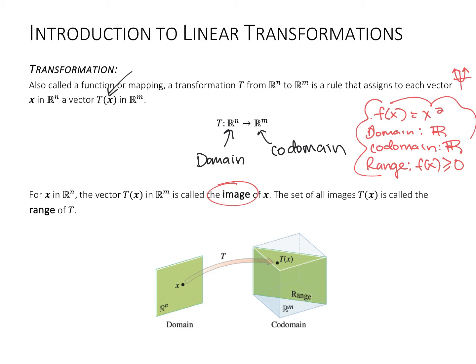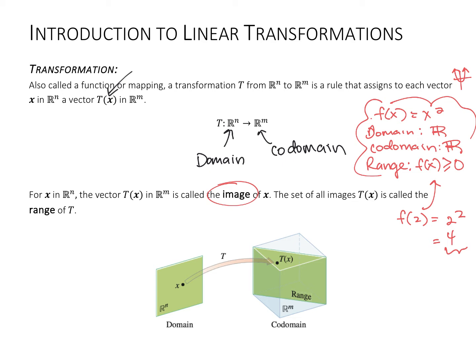Essentially, that's just, what do I get? For example, going back to x squared, if I took f of 2, 2 squared is 4, so 4 is the image of 2 for this function. Image is a fancy way of saying the values.